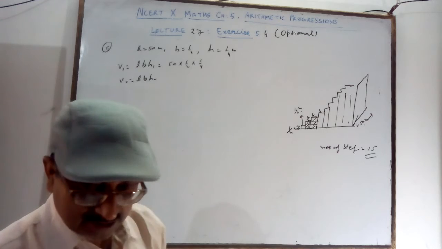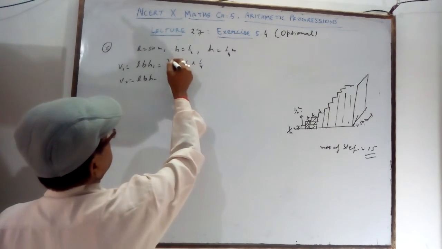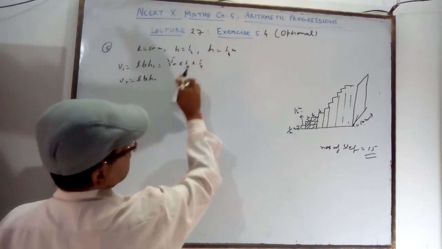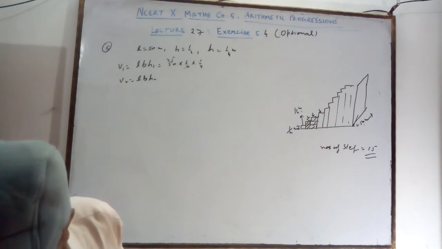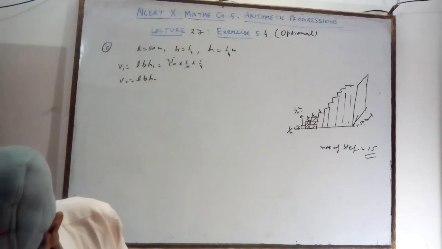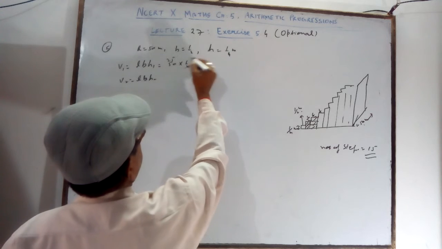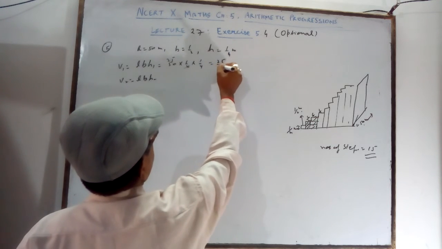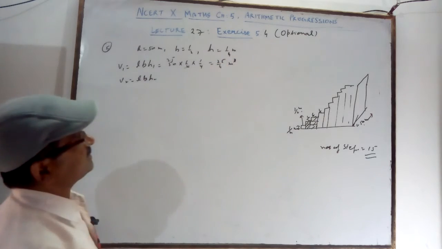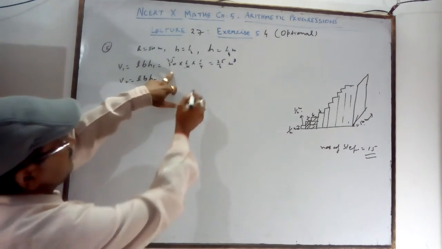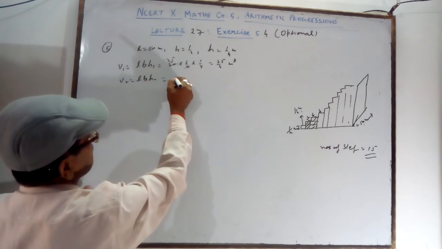So according to this, for the first step, you get 25 by 4 meter cube of mortar, or concrete, required.